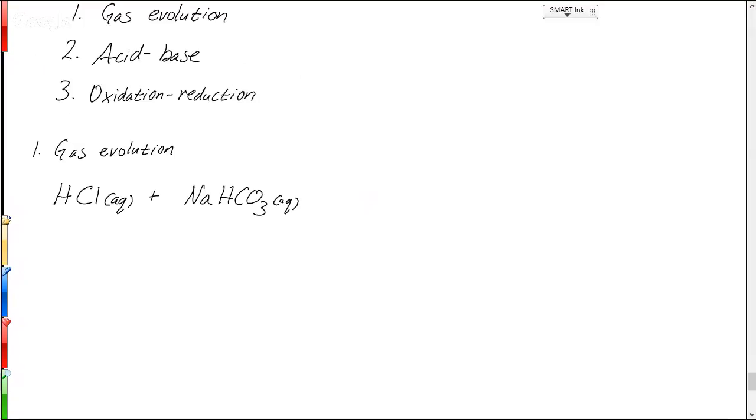So we've got hydrochloric acid, but we can think of that as H plus and Cl minus, and NaHCO3. If we switch partners like we normally would with an aqueous double displacement reaction, we would get NaCl and carbonic acid. So it almost looks like there would be no reaction at all because of that.